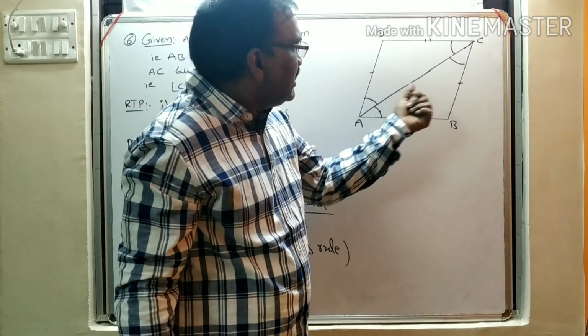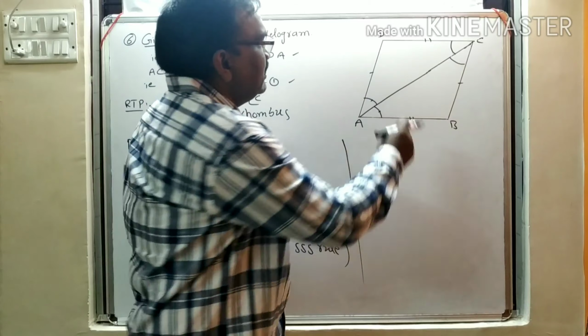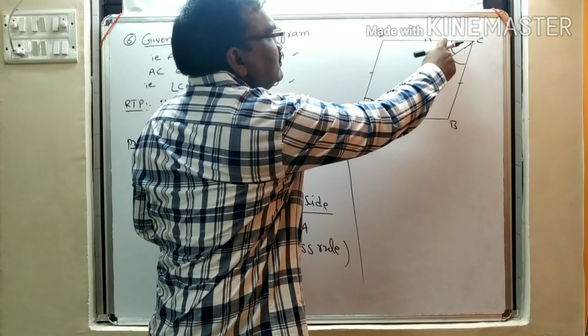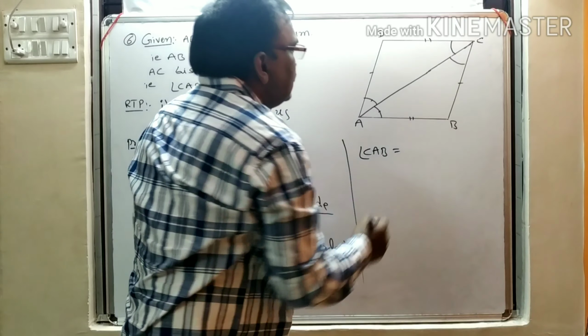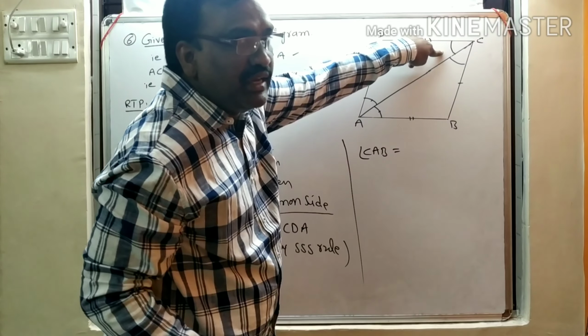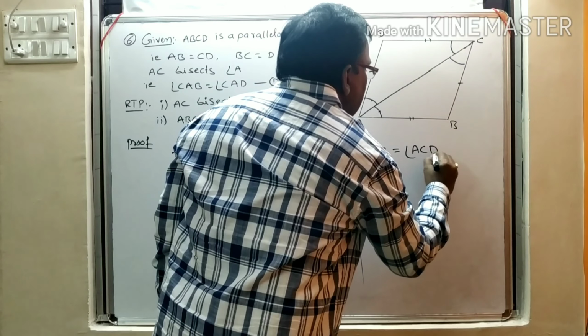So observe their corresponding angles. This angle equal to this angle: angle CAB equals angle ACD, this is 2.